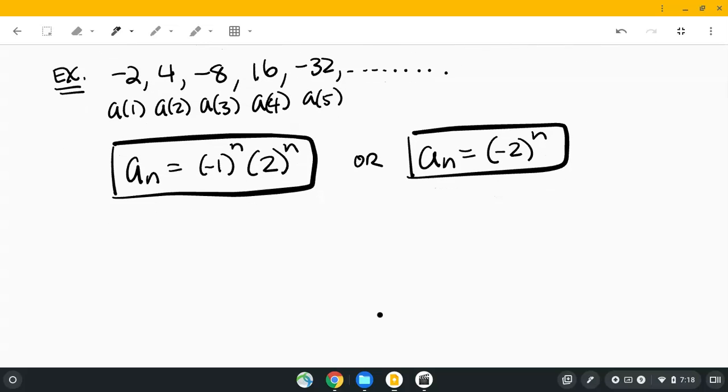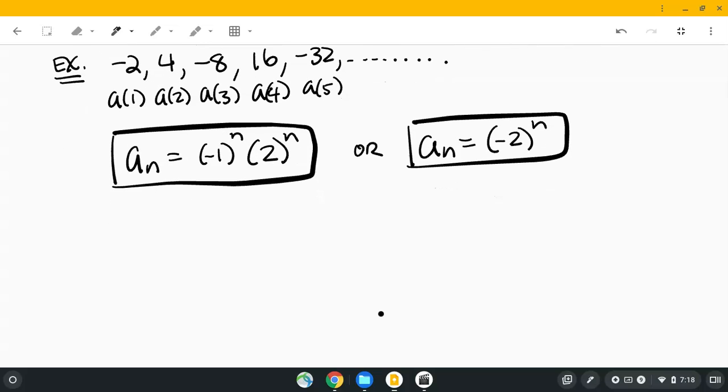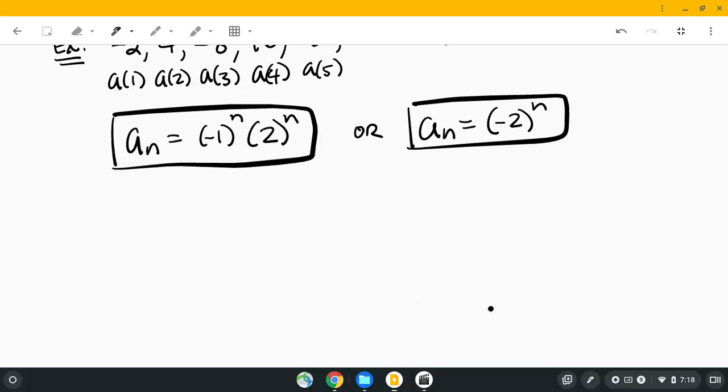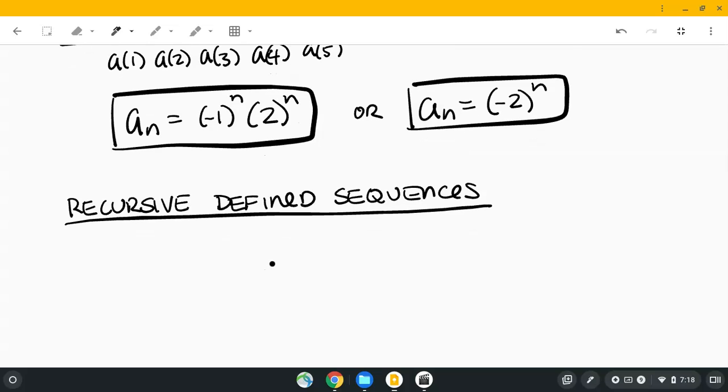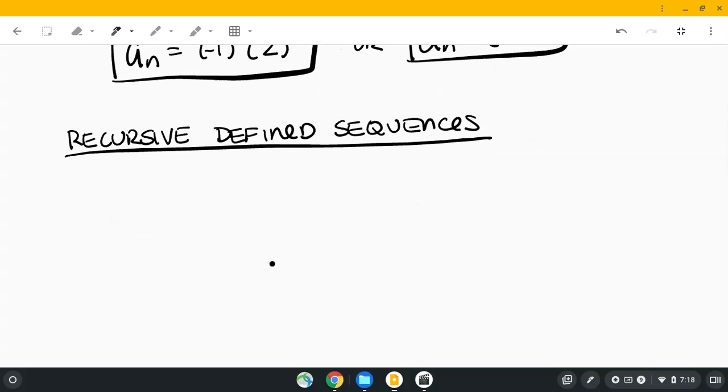Let's take a look. Okay, let's revisit recursive formulas again. Okay, so recursively defined sequences. These are the ones where the formula is written in such a way that it depends on knowing the term before it or the previous terms before it.